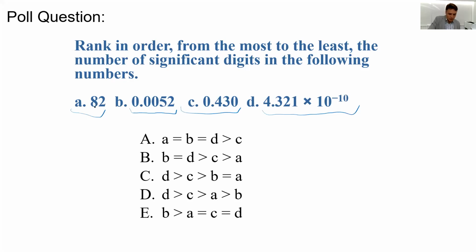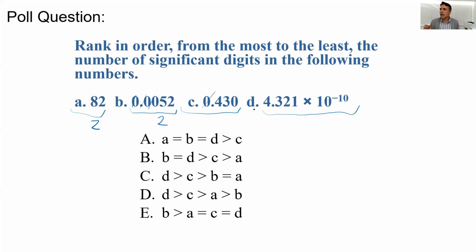So 82, I think, has 2 significant figures. 0.0052 has 2 significant digits because all those zeros are placeholders. This one's weird because this first 0 is a placeholder. It sort of has to be there. But this last 0, you didn't have to write it. 0.43 and 0.430 are the same. So if you added an extra 0, you didn't have to.